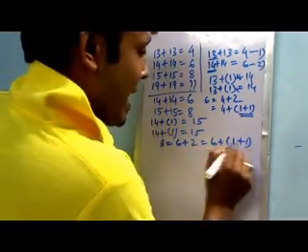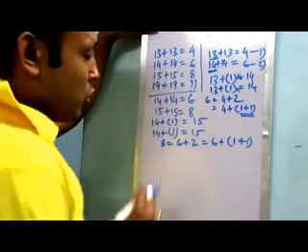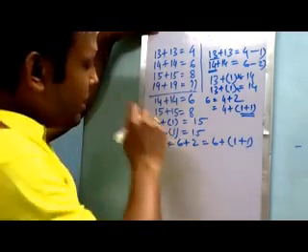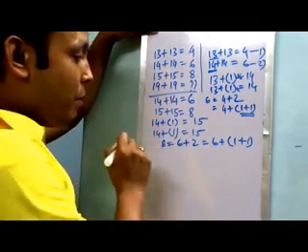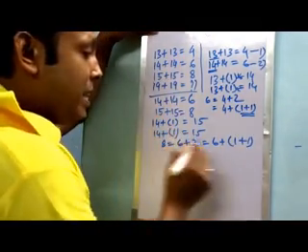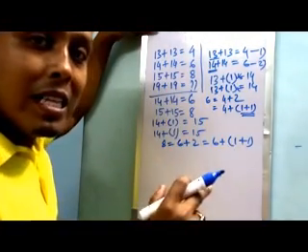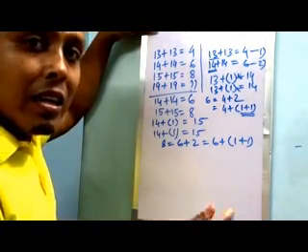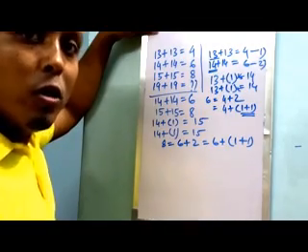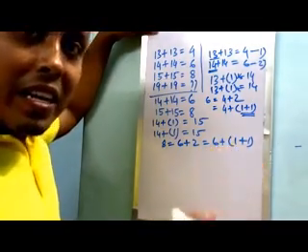Similarly, these two ones are added here. So in each row, 1 is added with the number on the left hand side, and in the case of the right hand side, directly two ones are added. So 1 plus 1 equal to 2 is added with its previous number to get the next number.